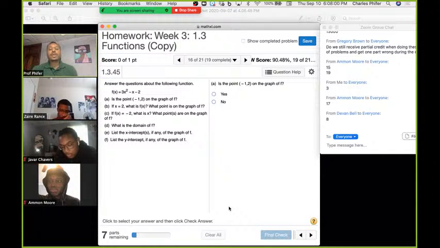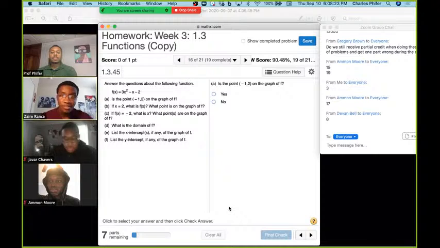Okay, is (-1, 2) a point on the graph? Is that one yes or is that one no? Yes, right?